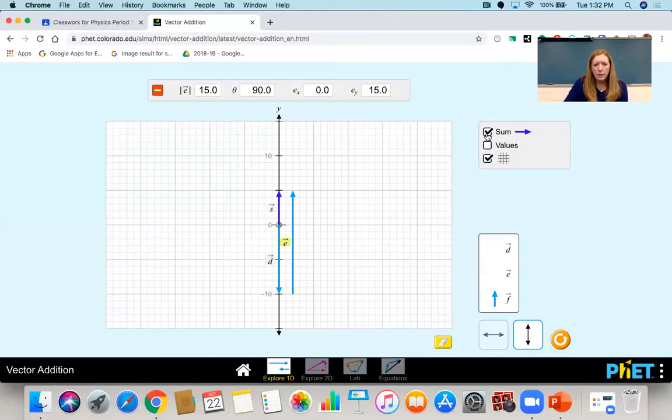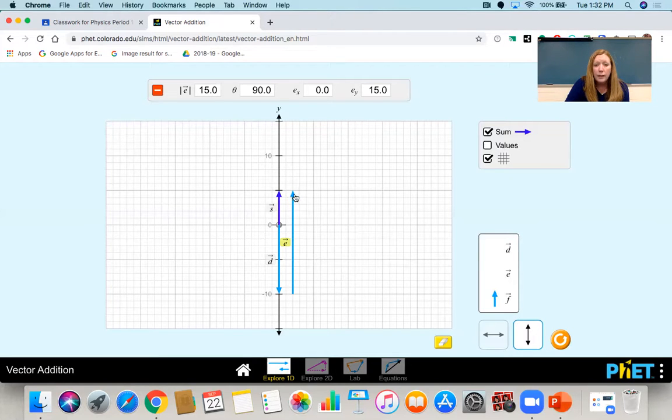What you can see is that our displacement, our shortest distance from start to finish, is going to end up being positive 5. And the reason it's positive is because it's 5 meters north of where I originally started. I basically backtracked up myself.